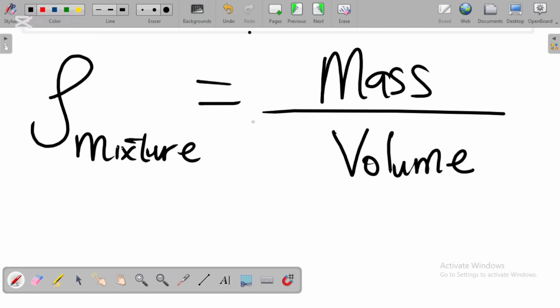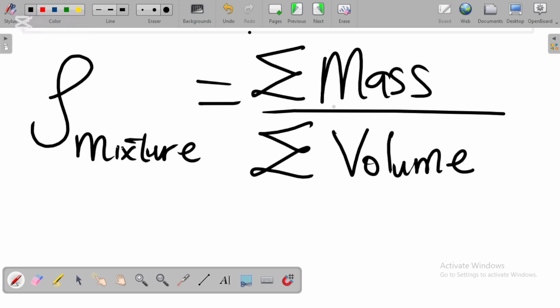And the mixture contains water and alcohol. So we simply write the density of the mixture is summation of mass divided by summation of volume.